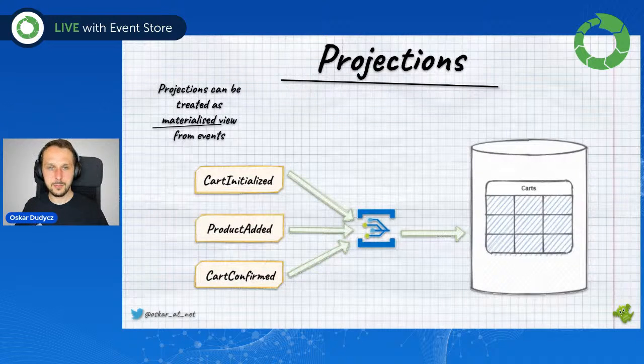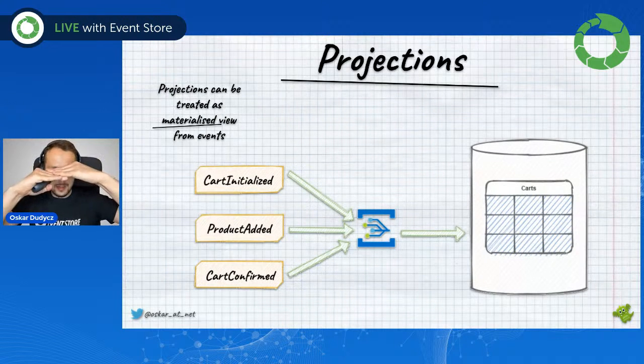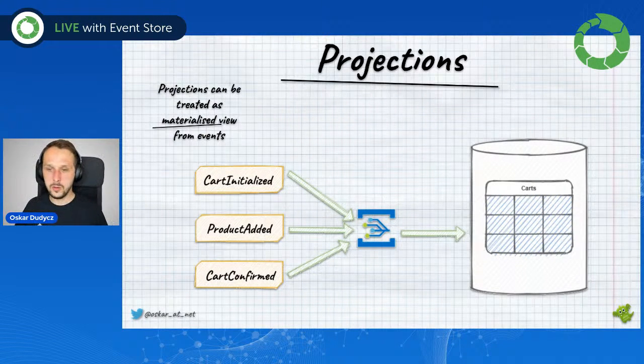We should think about projections in exactly the same way. Projections are typically used to build a materialized view from events. We could put this flattened data into some storage designed for querying, where we don't care much about having the whole history.